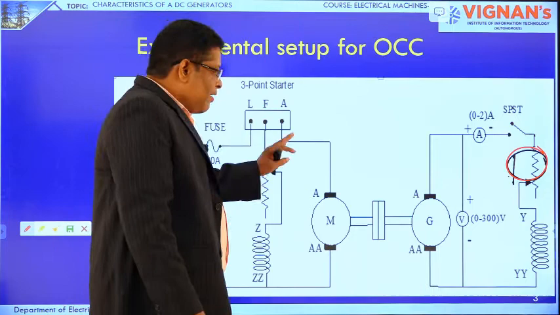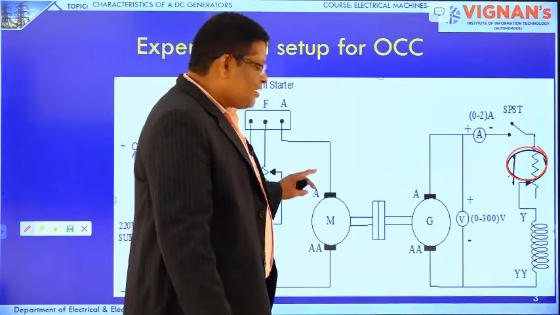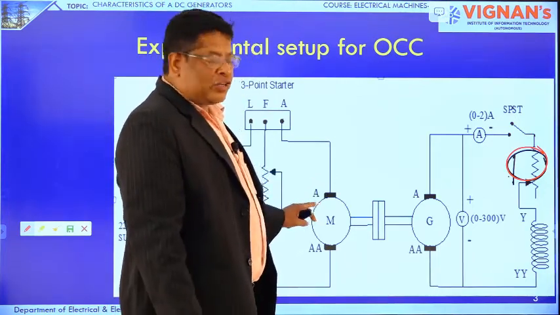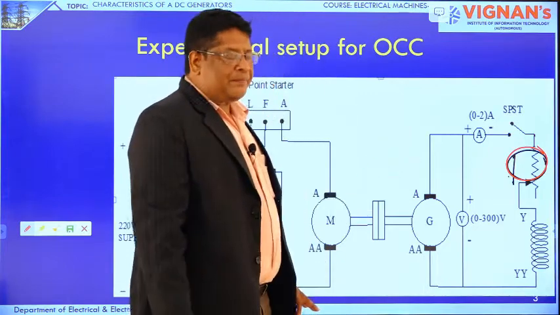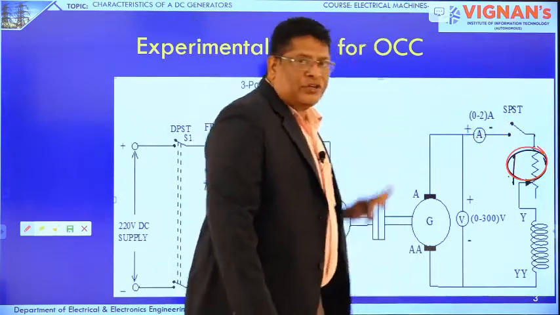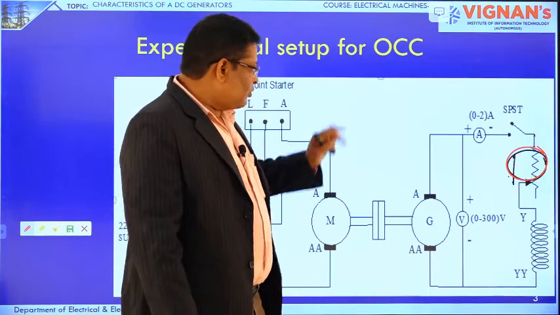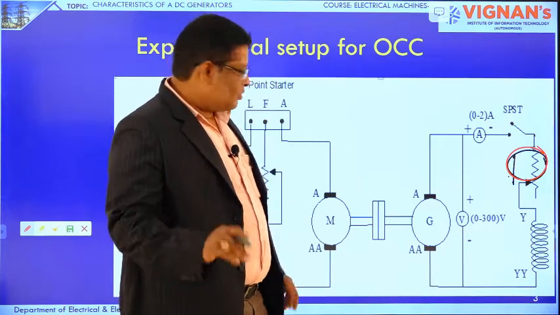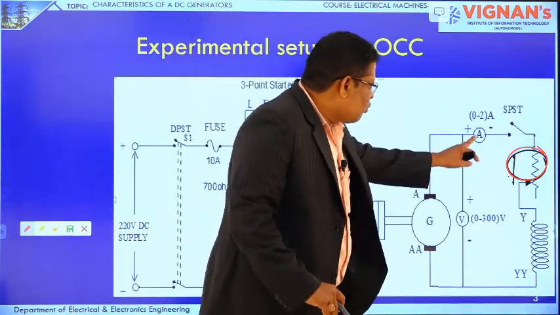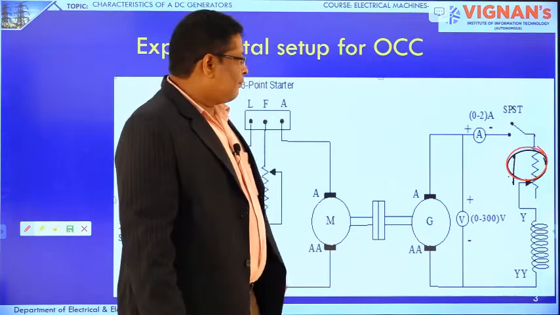See here, I am repeating the same procedure again. By means of the DC motor, start the DC generator, keep the switch in open circuit, and note down the reading. On this voltmeter reading, no current is flowing through the field winding.